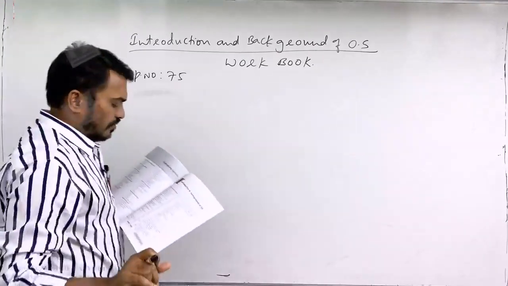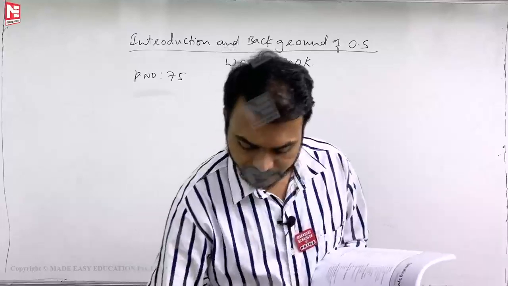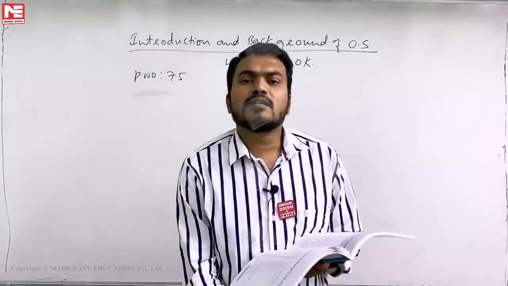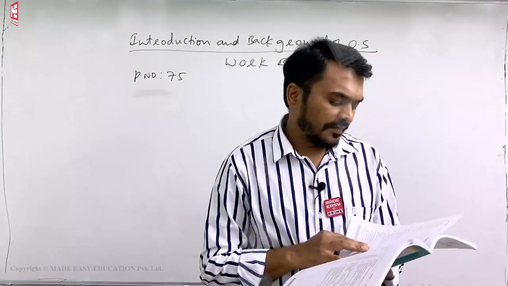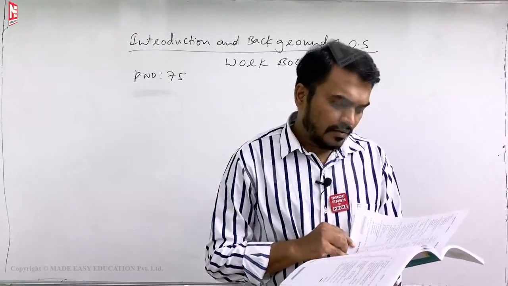We'll discuss all the questions from 1 onwards. I'll tell the easy ones quickly, and if there is any difficulty in a question, I'll explain that question. Is that clear? Right.